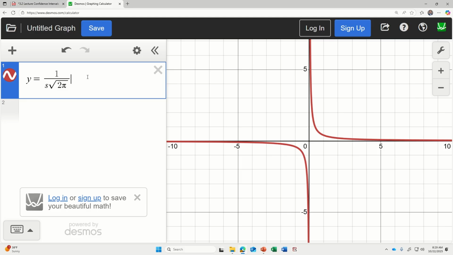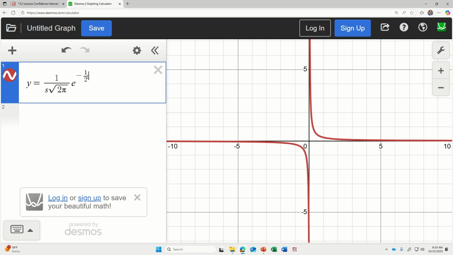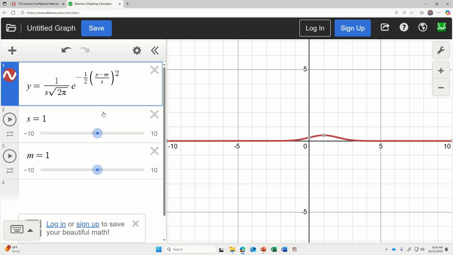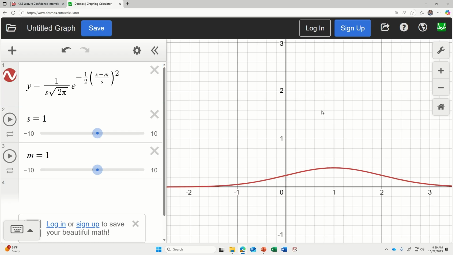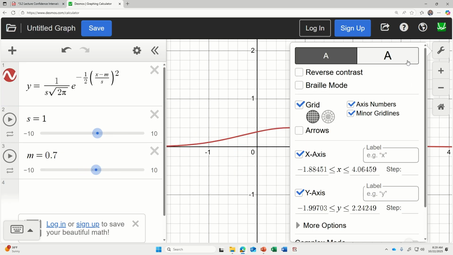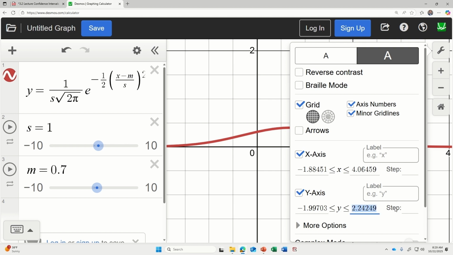No integral this time. E to the power negative 1/2 x minus the mean divided by the standard deviation. There we go. Okay, so here's my nice bell curve. You can see if I change the mean, make this look a little bit prettier.